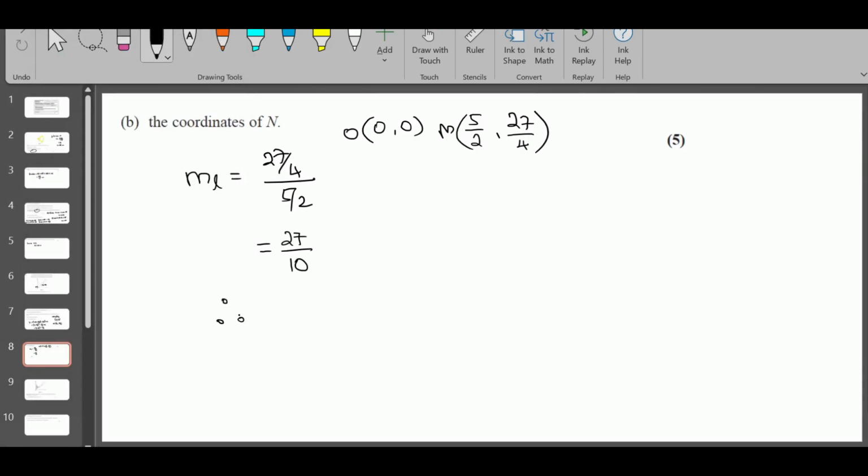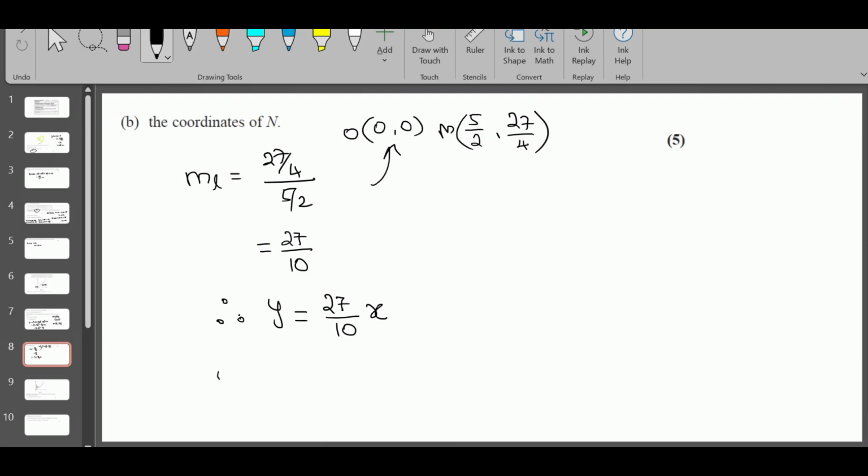Therefore, the equation is y is equal to, you can use this as x1, y1. So it's going to be y minus y1 is equal to slope times x minus x1. You don't need to do this because since the line passes through the origin, the y-intercept is 0. So y equals mx plus c. So 27 over 10x. That's all. That's the equation of the straight line.